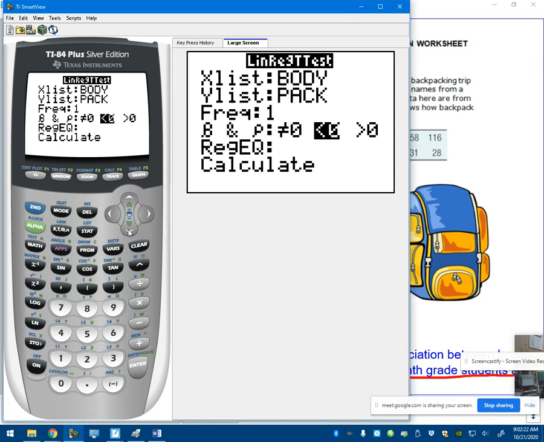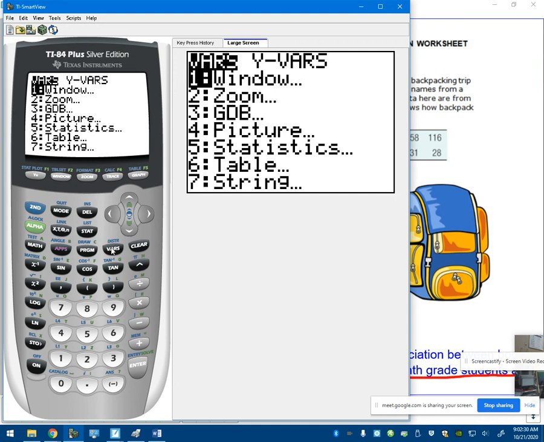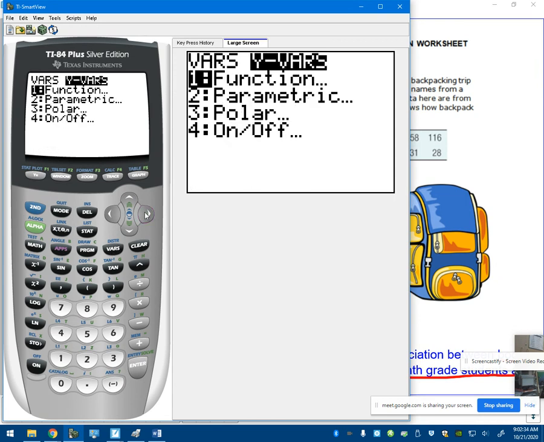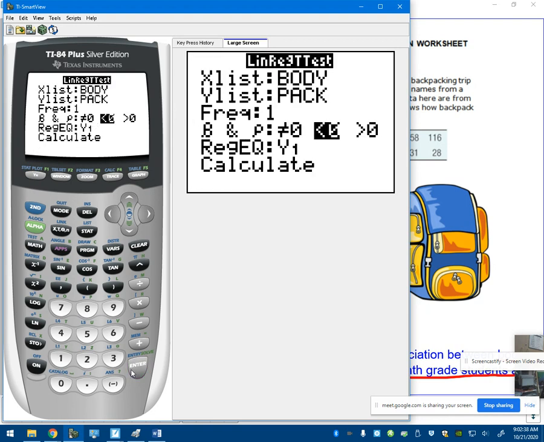So see the bars right beside the clear? This you don't have to remember tonight, because once we put it in there, it will stay there for you. We want a Y variable, right? So go over to Y-vars, and we want a function, and we want Y1. So now that that Y1's there, it won't change. It will always be there for you.